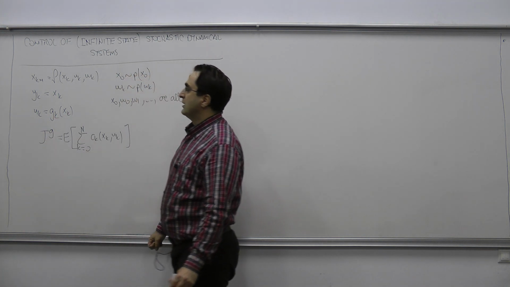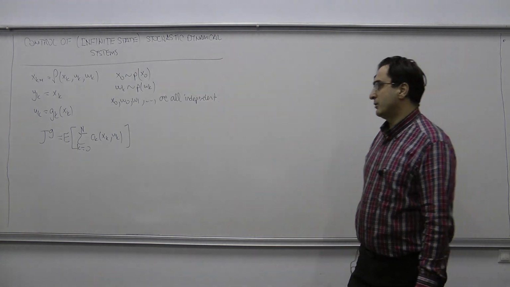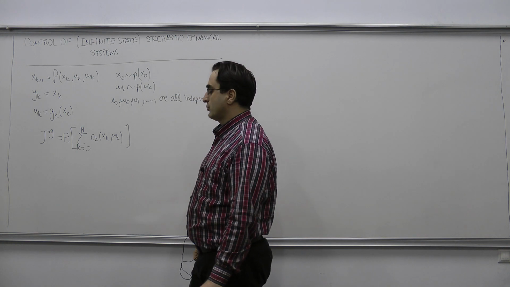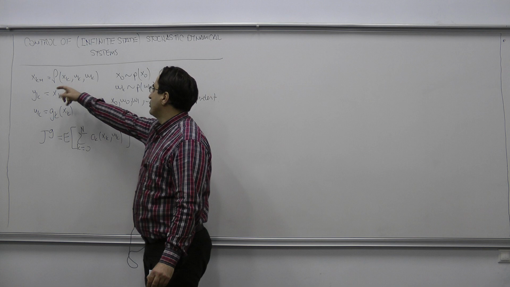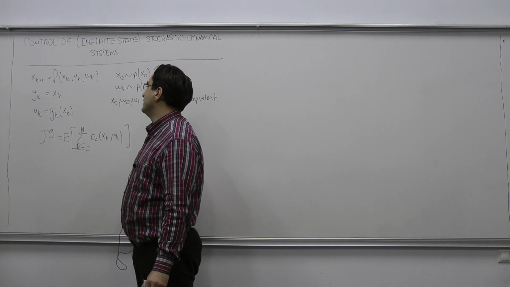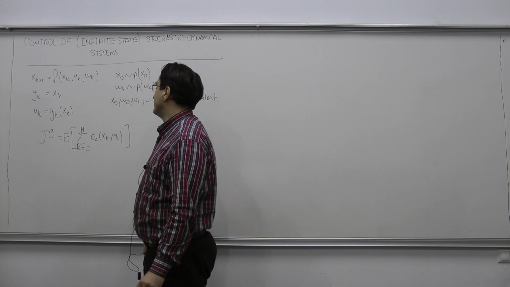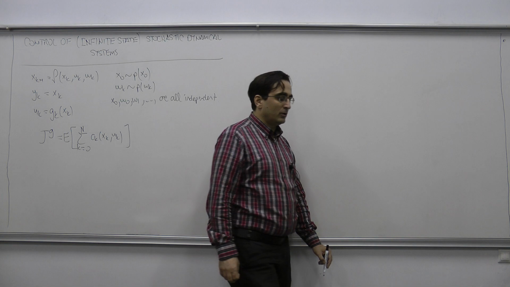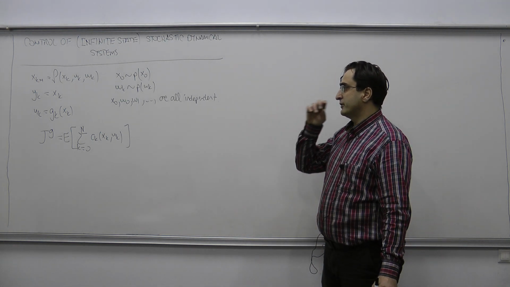I need to find a feedback policy, which is Markov, to minimize such a cost function. Of course, there can be many different choices for f. We can have different nonlinear systems, and c_k is also arbitrary here. And we are going to apply the so-called dynamic programming to the control of such a system.